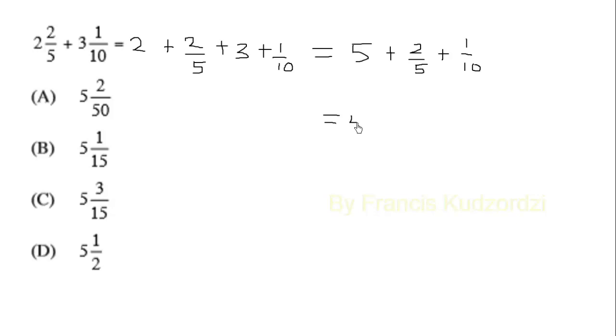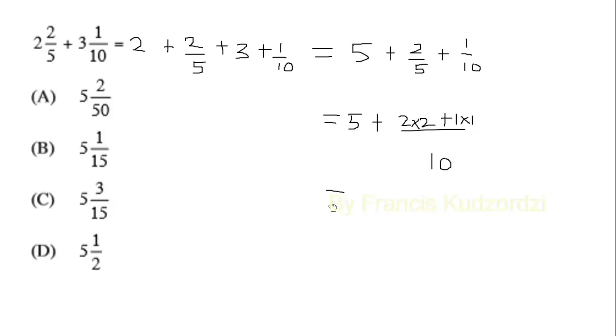So 5 goes into 10 2 times, then 2 times 2, plus 10 goes into itself 1 time, then 1 times 1.